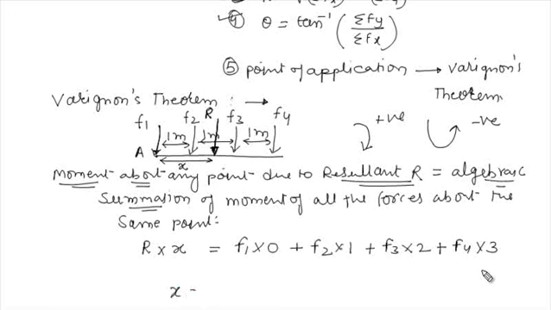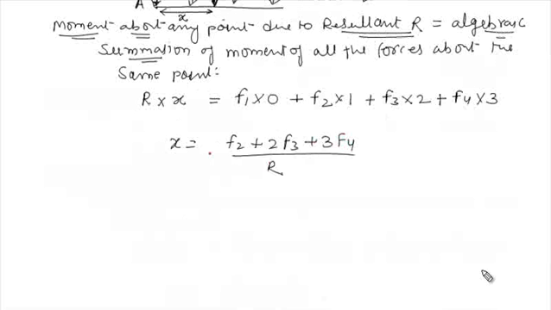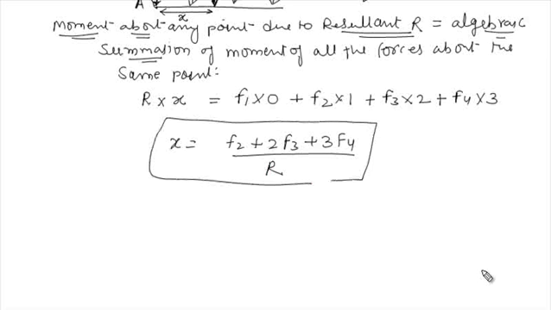So x will be F2 plus twice F3 plus thrice F4 divided by R. So by this expression we can easily find out x, or the point of application of the resultant.